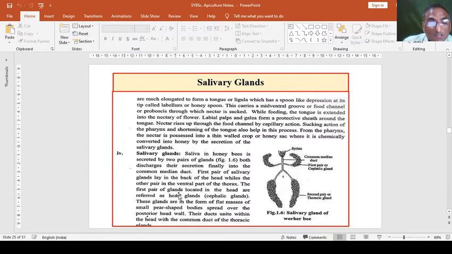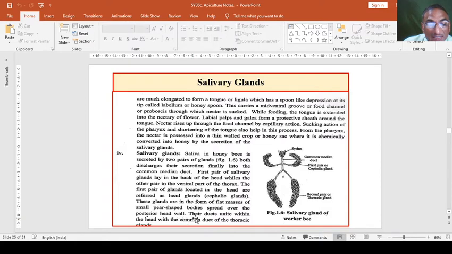The first pair of glands located in the head are referred to as head glands or cephalic glands, or generally called the first pair of glands. These glands are in the form of flat masses of small pear-shaped bodies. These are small masses of pear-shaped, circular we can say, bodies in which saliva is stored.